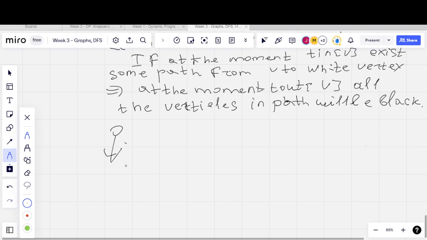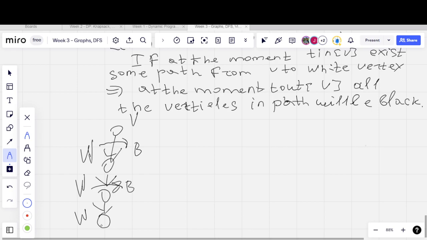Consider once again this v and path, and some vertices set this color to black, and there exists a vertex that after the set is not black, and we consider two cases.